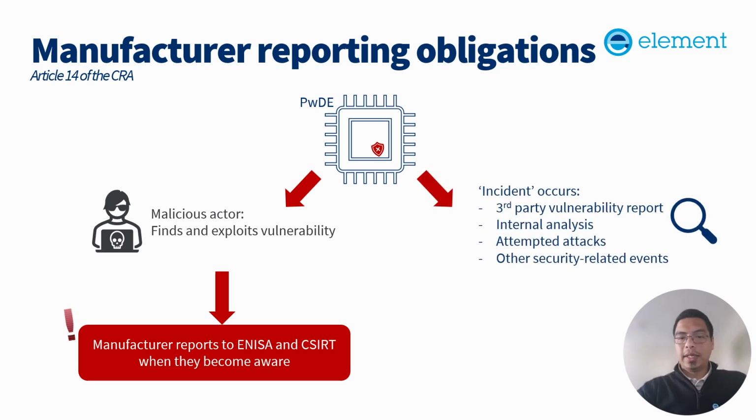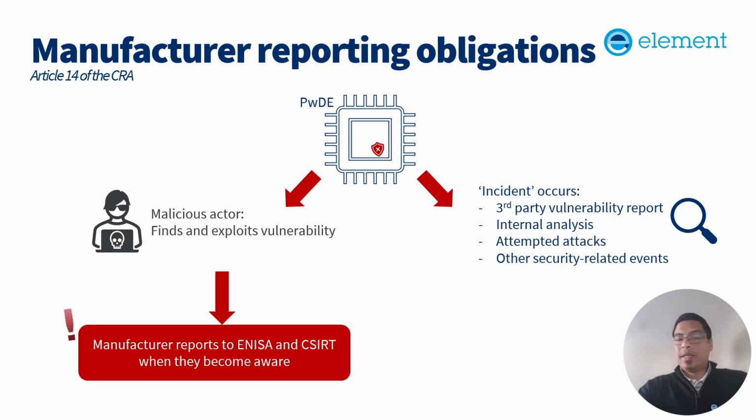Another possibility is that this vulnerability is discovered, it's an incident, and it is discovered by some other means, such as maybe there is a third-party vulnerability report. Someone outside of the manufacturing organization reports to the manufacturer, hey, I found this problem, or potential problem, in your product. It could be through internal analysis or routine pen testing or security testing.